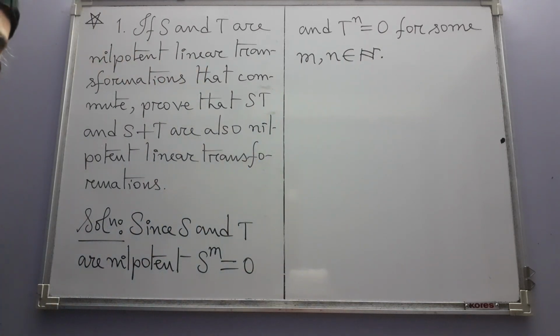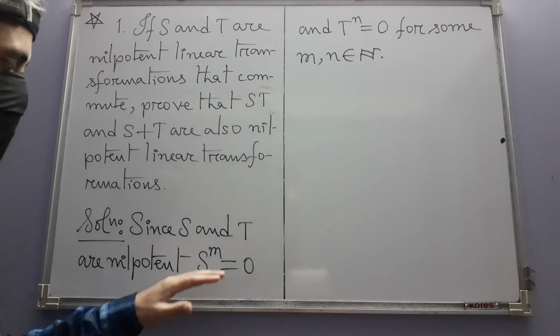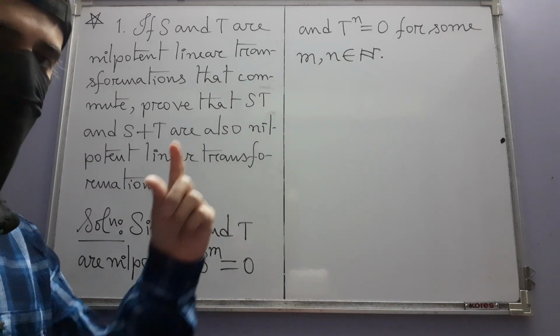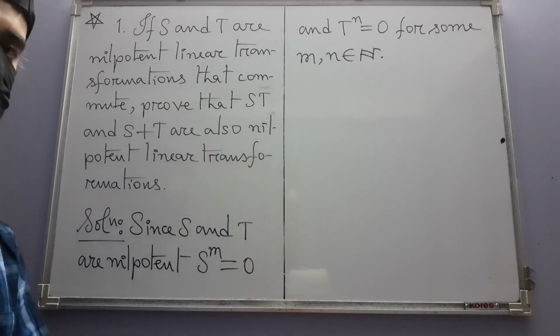That means positive integers m and n, because that's what being nilpotent means, that some such power of the operator becomes equal to the zero operator, zero transformation.